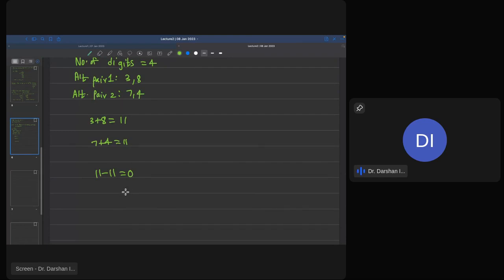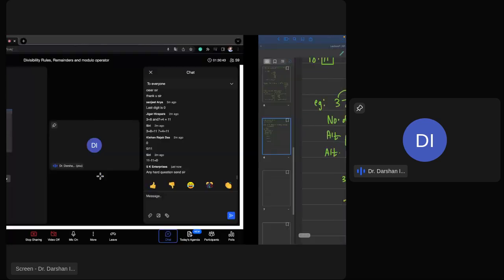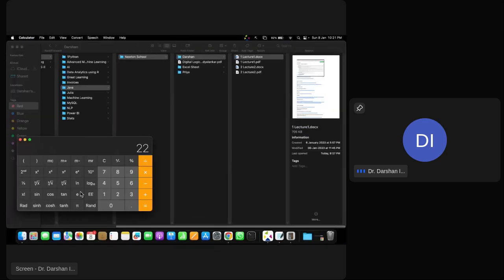Yes, 11 into 0 is 0. And therefore I say 3784 can be divided by 11. Let's check it out. 3784 divided by 11, 344 is the answer. If you do it from the right, then the answer would be the same.